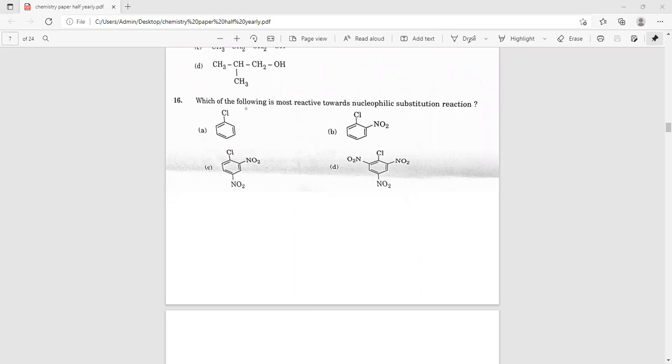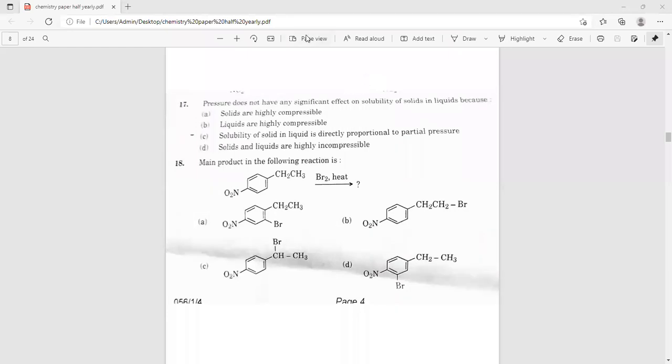Then question number 17. Pressure does not have any significant effect on solubility of solid in liquid. What is the reason behind this for solid and liquid?